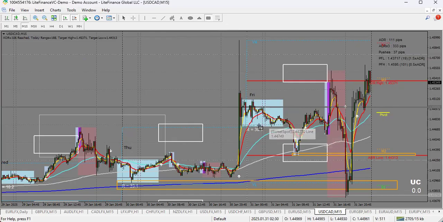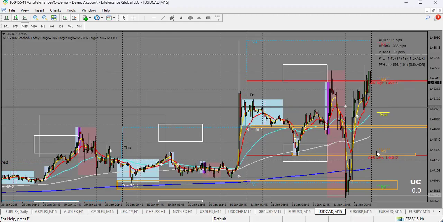And here we have the Asian session low. So these are the key areas if you are looking for the market to retrace. This here is an area of support, and this is also an area of support.